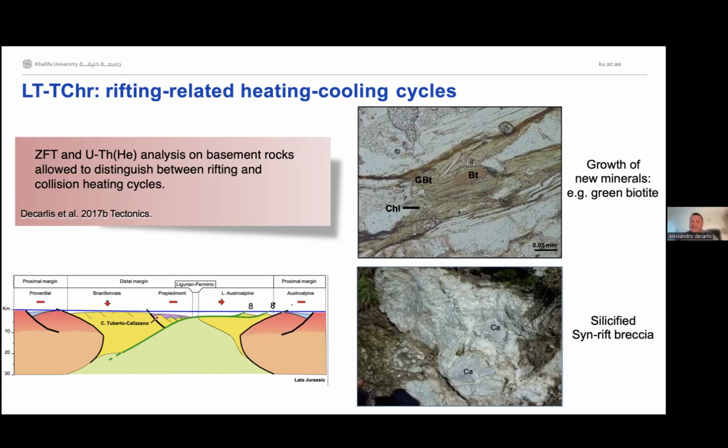Actually, if you rely only on field data, you can't, because you can't see the Moho, okay? And the Moho that you have below the Alps is still a matter of debate as well.